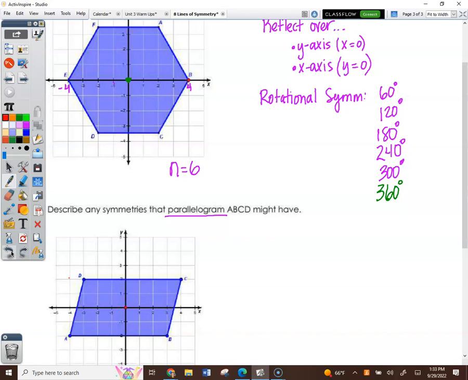Now, what would it be rotating around if you did point symmetry? Tell me the point that you would put your pencil on to hold it. The origin. 0, 0. Point symmetry stands for 180.